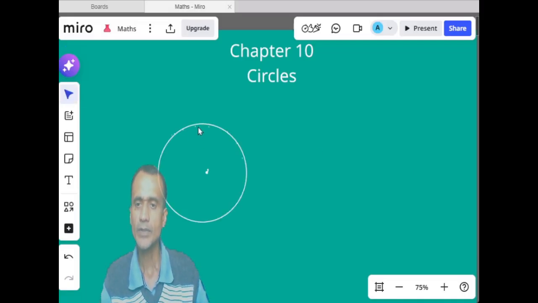So I connected all the dots by this arc, and we get a circle.